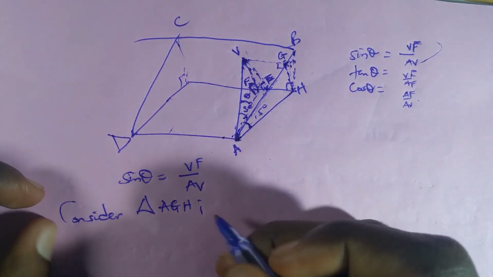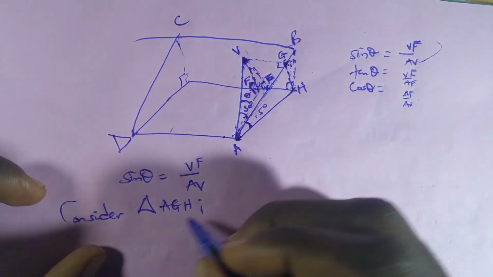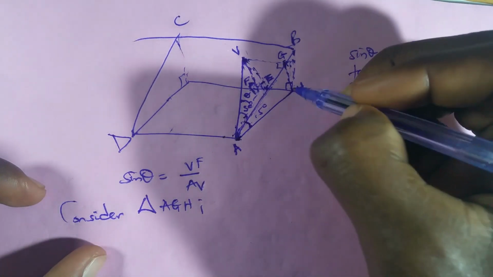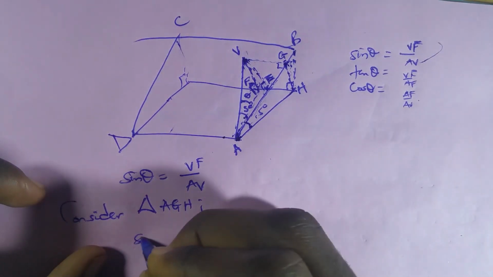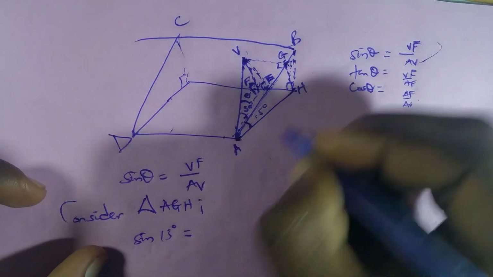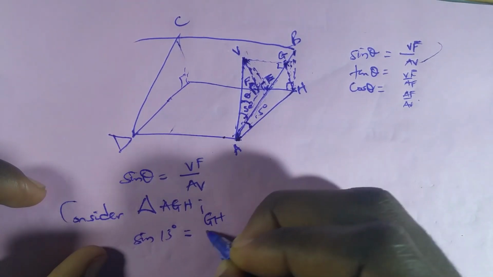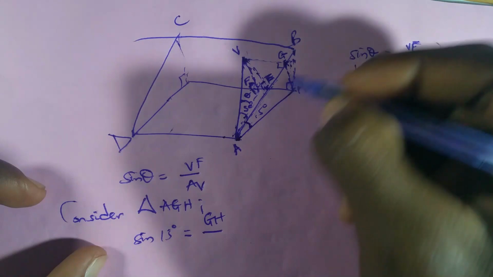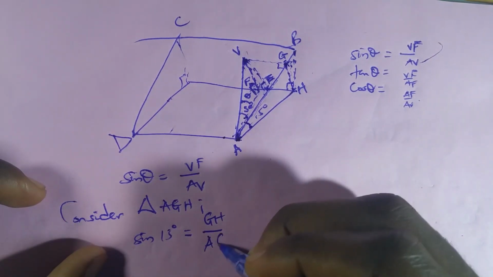Now we can use sine, since sine has opposite and hypotenuse. Sine 15 degrees is going to be the opposite, which is GH, out of the hypotenuse, which is AG.